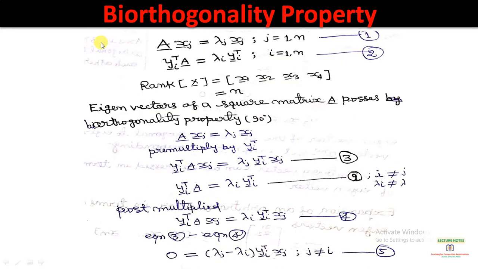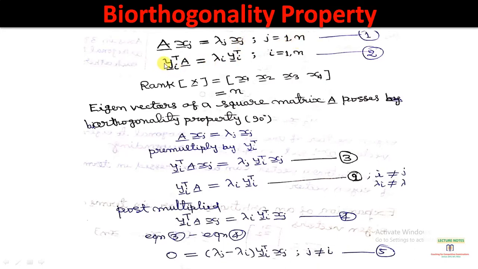Next problem we are going to discuss. Square matrix A times the column vector x_j equals the constant lambda_j times the column vector x_j, where j varies from 1 to n.